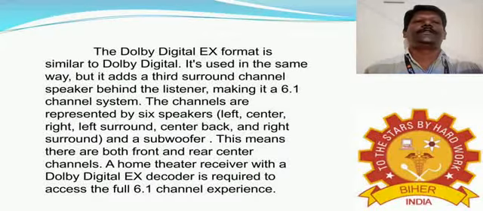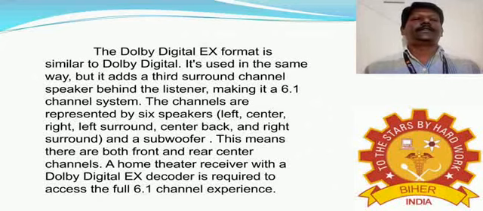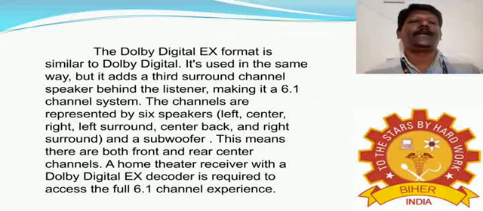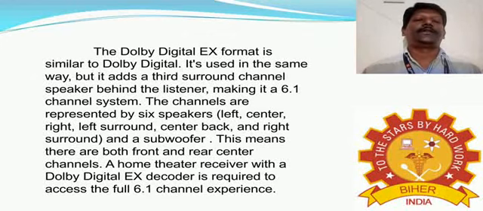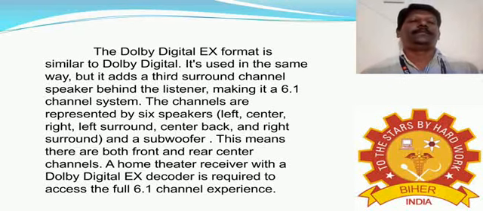The Dolby Digital EX format is similar to Dolby Digital. It's used in the same way, but it adds a third surround channel speaker behind the listener, making it a 6.1 channel system.